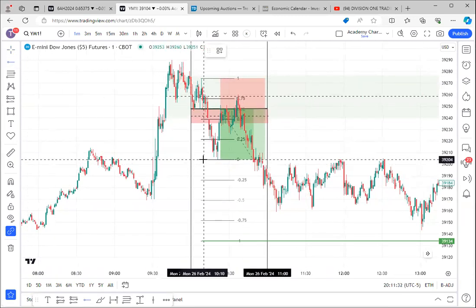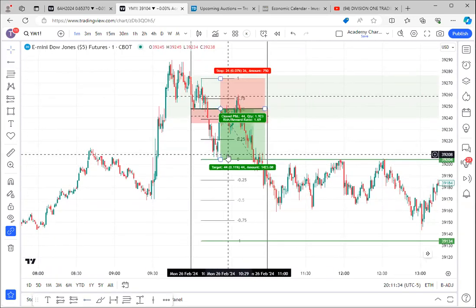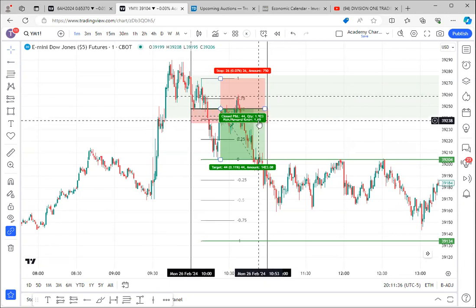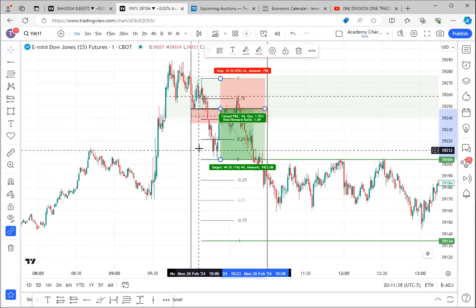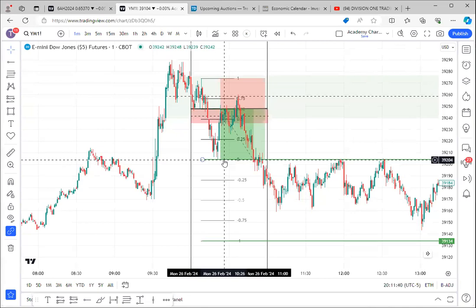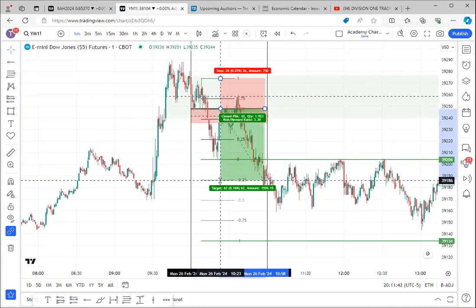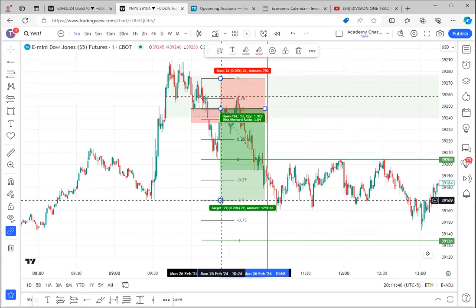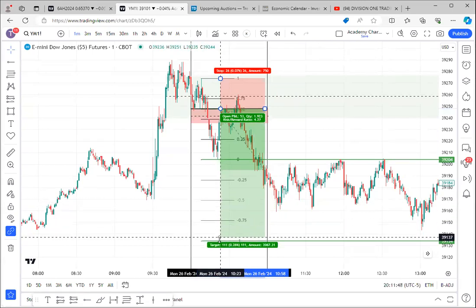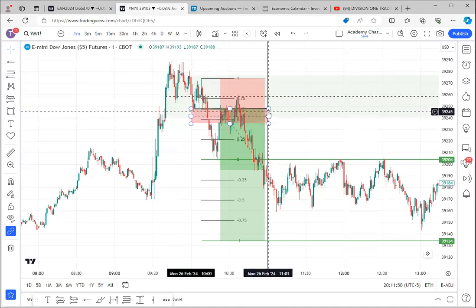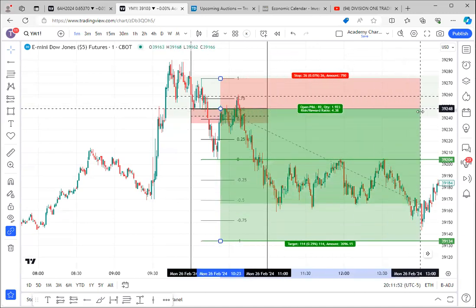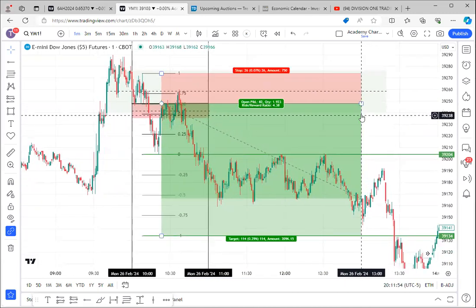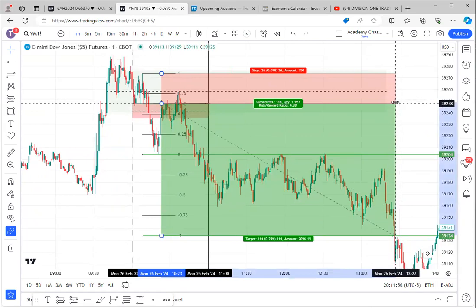So this level here, because it's the low, we could take partials there, right? It's not quite 2 to 1. So we'd have to obviously mess with our stop. But as we start going down, right, 25%, 50% extension, 75% extension, full extension, right? Something like this setup here could be pretty beneficial.